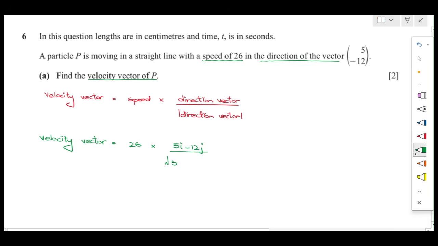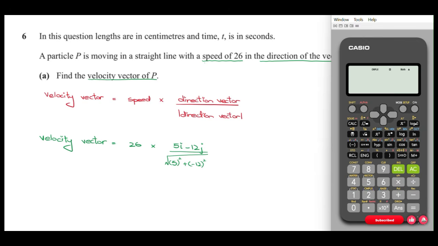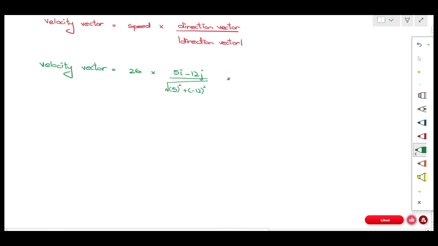Magnitude means the square root of the i component squared plus the j component squared. Let me simplify: the square root of 5 squared plus 12 squared is 13, because the negative squared is also positive. So this equals 26 times (5i minus 12j) divided by 13. When we simplify this, 13 times 2 is 26, and now you will get the velocity vector.